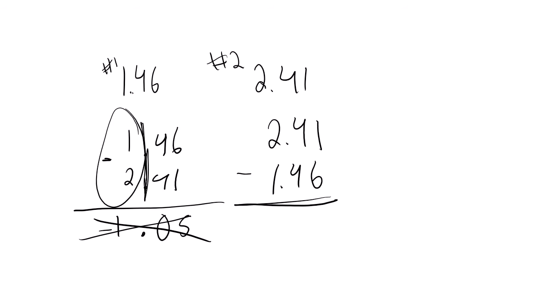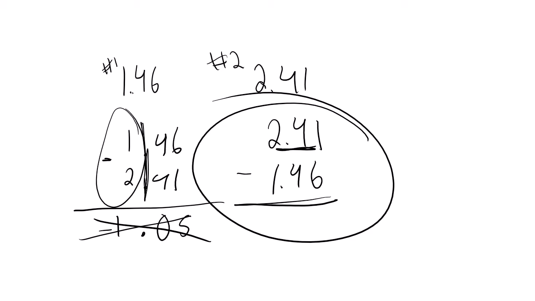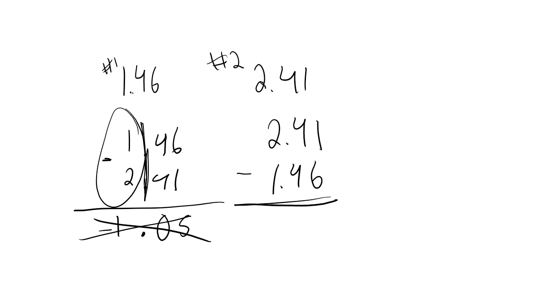That being said, with subtraction in general, the greater number must always go on the top in this method. The greater number is this one. If you don't know why this number is greater than that one, then please watch my ordering decimals video, because I will assume and act like you are a master at ordering decimals. But let's redo it.